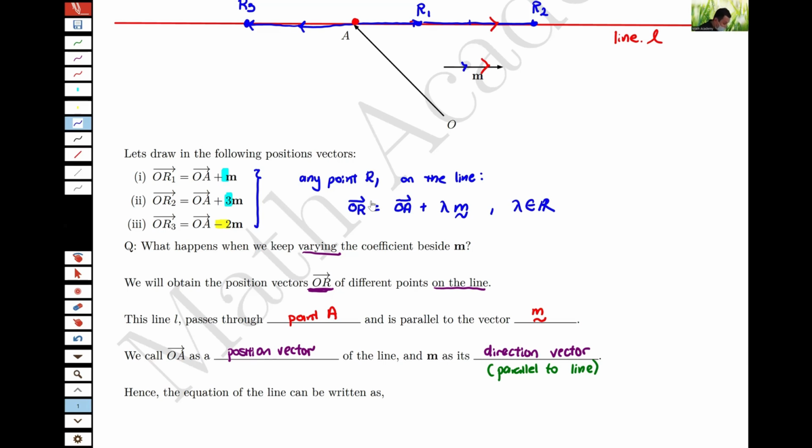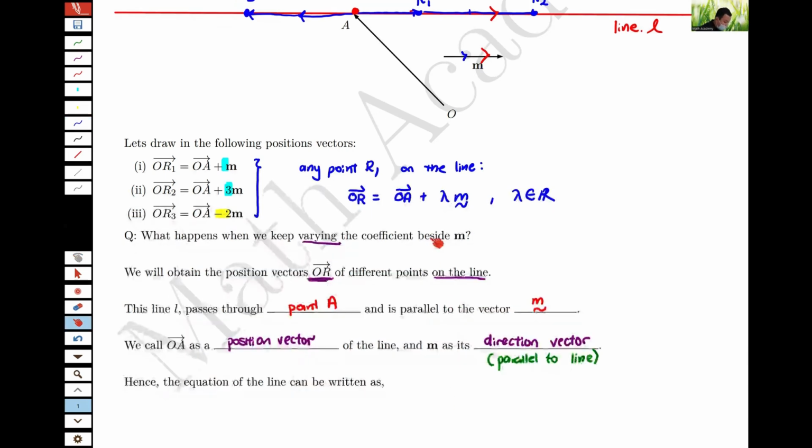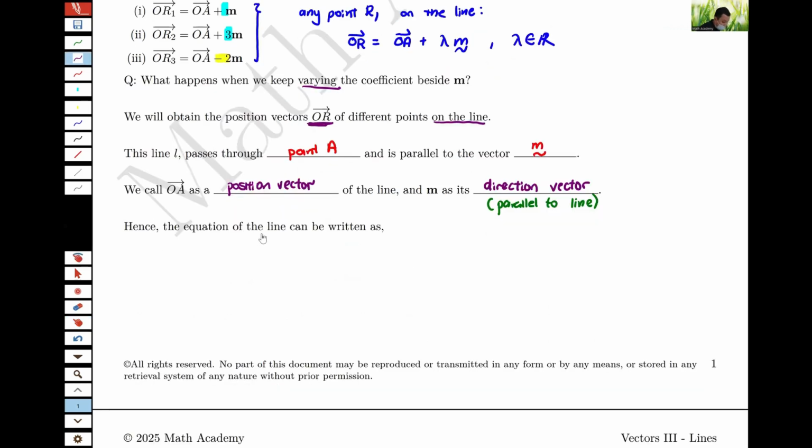It is exactly this that we will write in for the equation of a line. When we talk about the equation of a line, it is effectively trying to write down position vectors of points on the line. This phrase, equation of a line, is the same as position vectors of points on a line.